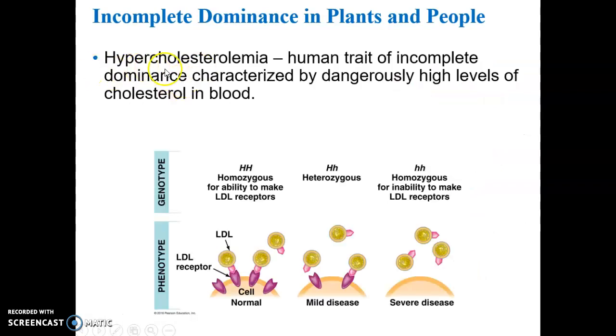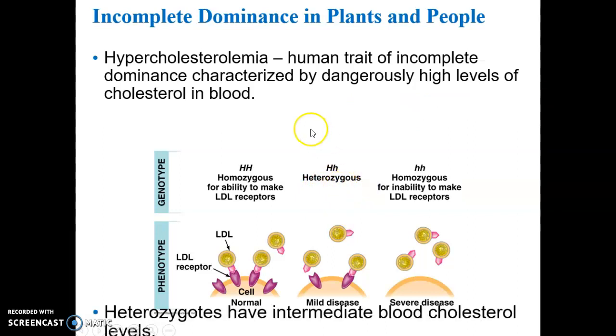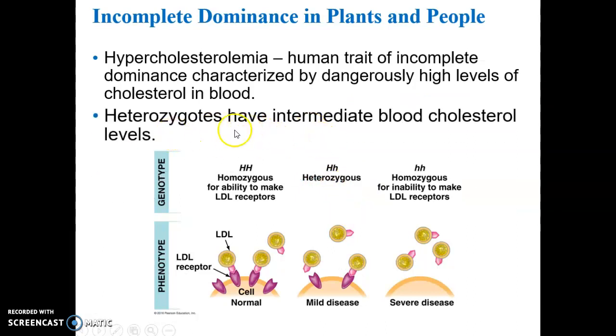So something called hypercholesterolemia is a human condition of incomplete dominance characterized by dangerously high levels of cholesterol in the blood because of the inheritance pattern. Heterozygotes have intermediate blood cholesterol levels. Notice if you're homozygous dominant, you have an ability to make what are called LDL cholesterol receptors.